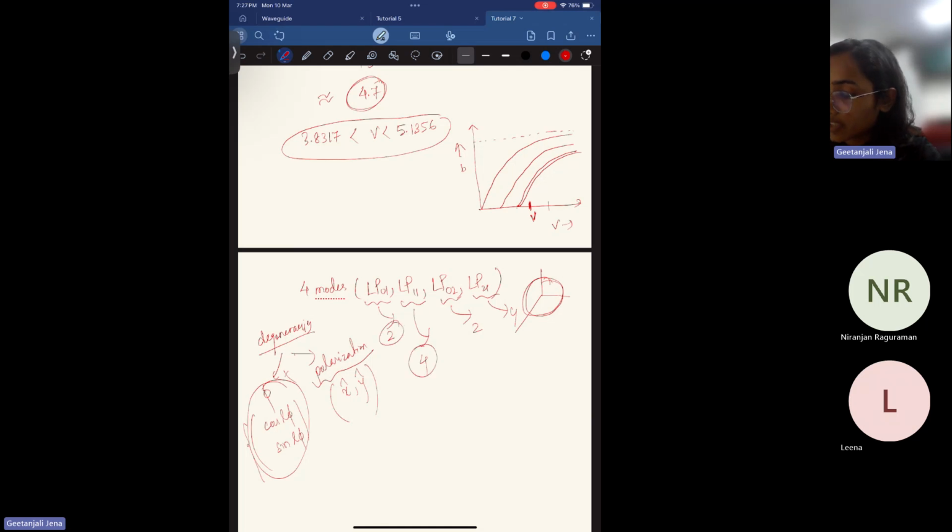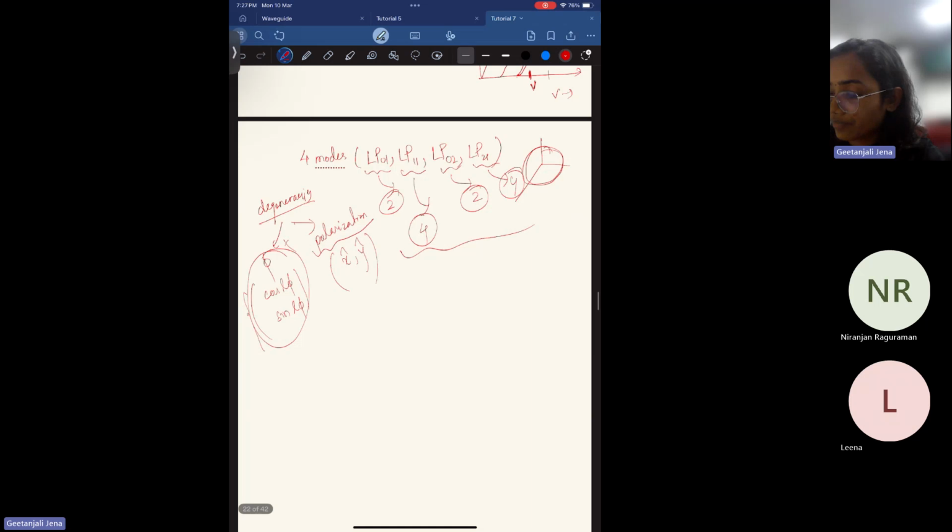So the total number of modes, including degeneracy, will be 4 plus 4, 4, 8, 12. Right? So when you include degeneracy, we have 12 modes.